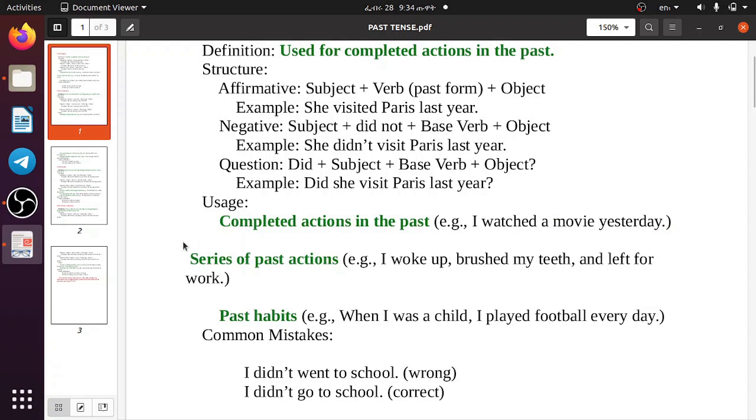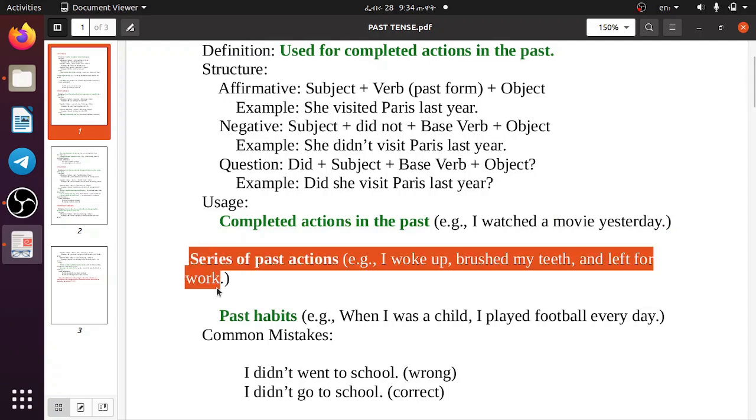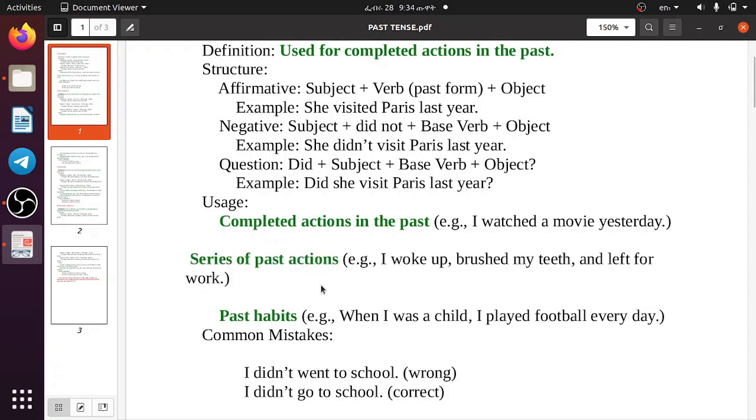The second one is series of past action. We use simple past tense for series of past action. Series means actions happen or are done in order. For example, I woke up.